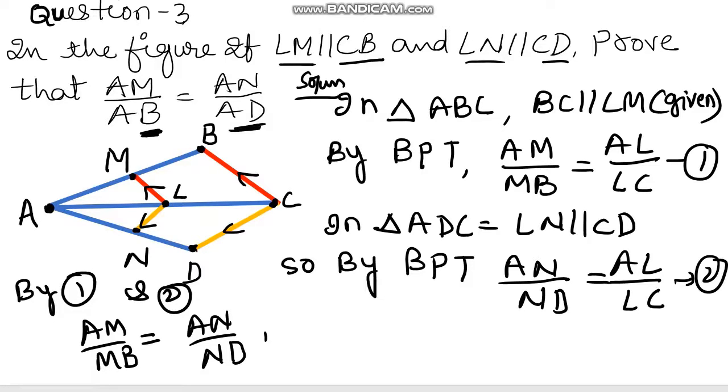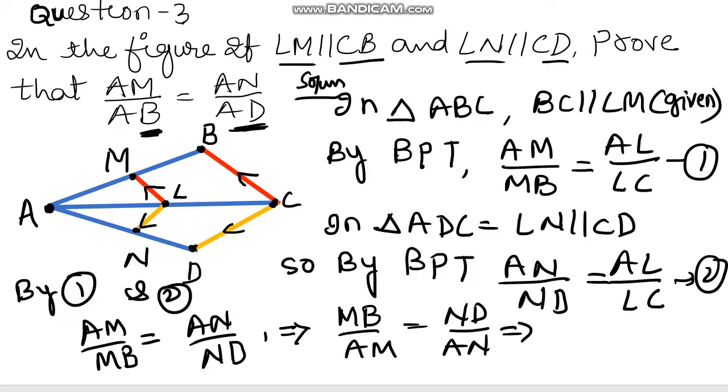Now just to come to our required equation, let us first invert this. In a ratio you can do the same thing to LHS as well as RHS. You can write this as MB by AM equal to ND by AN. We have just inverted the ratios on both the sides.